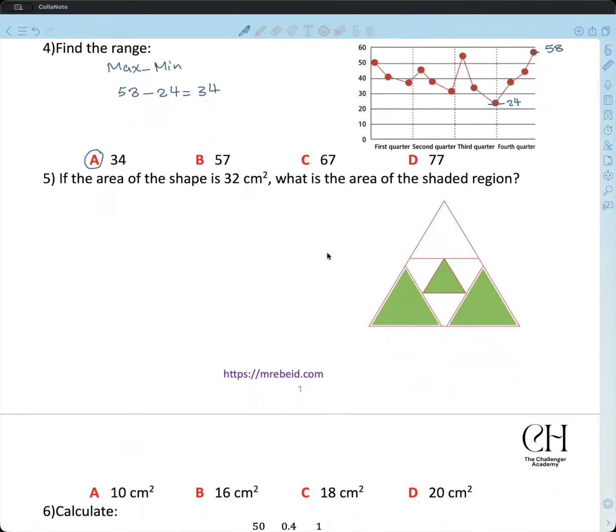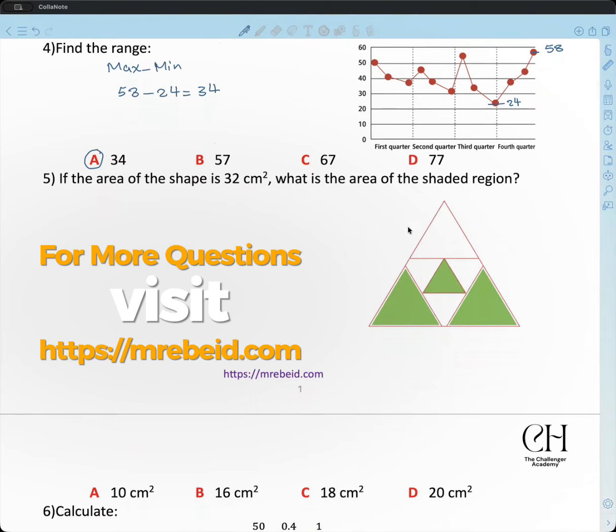Let's move to question 5. Of the area of the shape of 32, what is the area of the shaded region? We have, this is a triangle. Okay. So of all of the shape of 32, now if you want to check the area of each triangle, we have 4 triangles inside. This is 1, 2, and this is 3. This is 4. So 32 divided by 4 will be 8.